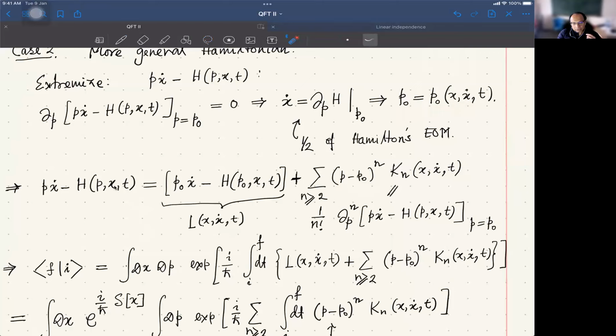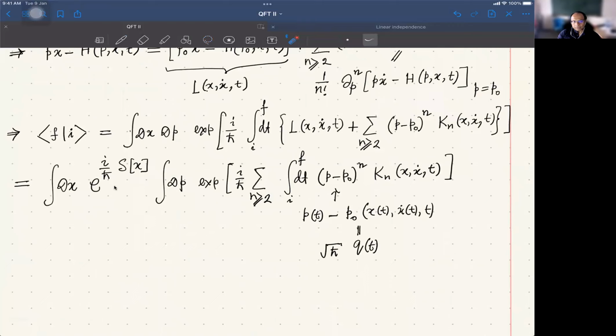Okay, so how do you tell that calculation that the deviation is a quantum fluctuation around a classical configuration? It is by saying that the deviation scales by root h bar. If you do not keep this root h bar, then this deviation is order 1. You don't want that. You want to make sure that the deviation is a quantum mechanical fluctuation. This is a quantum mechanically small fluctuation when h bar is small.